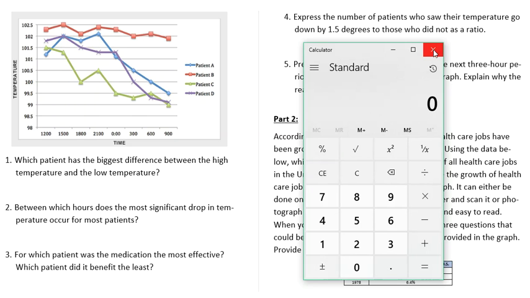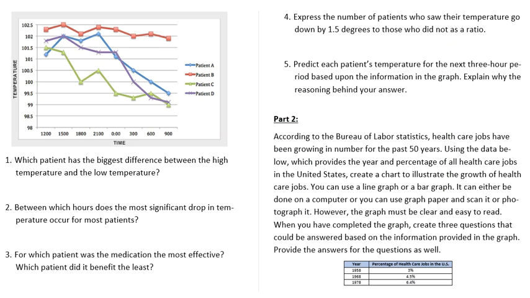It says between which hours does the most significant drop in temperature occur for most patients? So I'm looking at the trend downward in temperature. The one that's most obvious to me is the one on patient A, this blue line, where it's pretty high up here, and then all of a sudden it just significantly starts this decrease. Over here, patient B doesn't really have much of a change going on, so it's kind of hard to use patient B as an example.